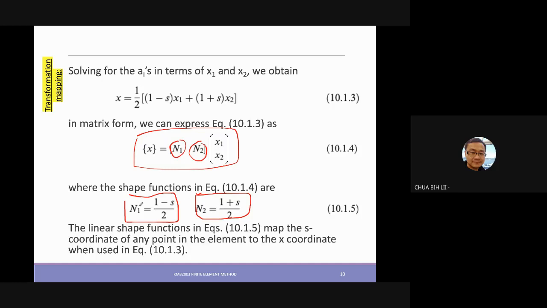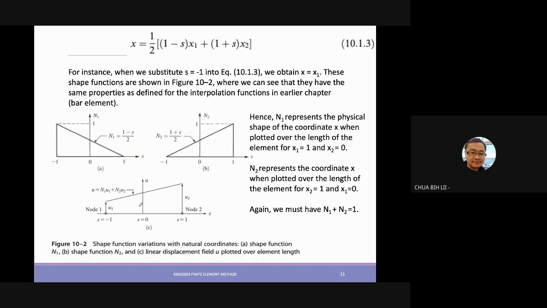That's why we call this the same parametric, or the isoparametric formulations. So the idea remains the same. As we understand, the shape function represents the contribution of the displacement for every single node.